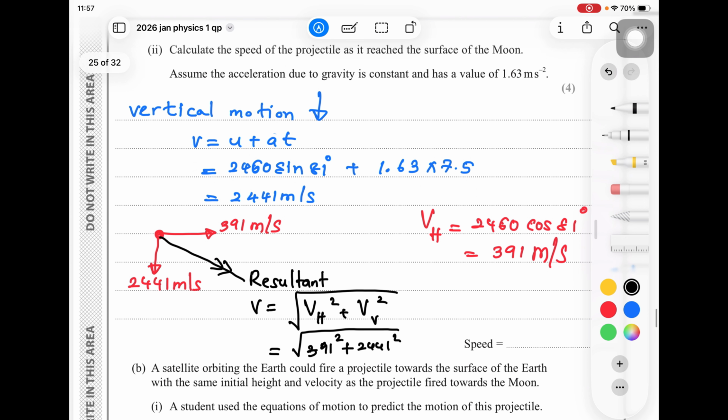So we have the speed, which is 2472 meters per second. We can later write it as 2471 meters per second.